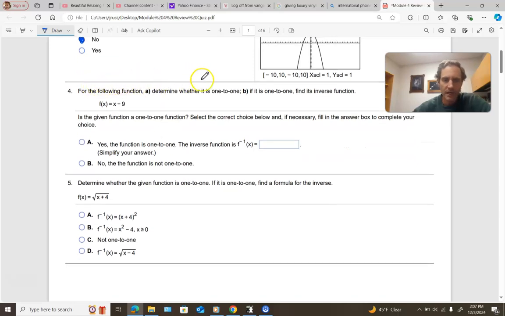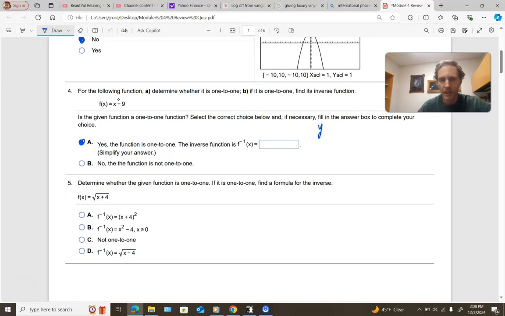Alright, but in any case, number 4 says determine whether this guy's 1 to 1, and if it is, find its inverse. Well, all of these are going to be 1 to 1. Okay, x minus 9 is just a linear function, so it would pass the horizontal line test. And to actually find its inverse, you remember that 4-step process.